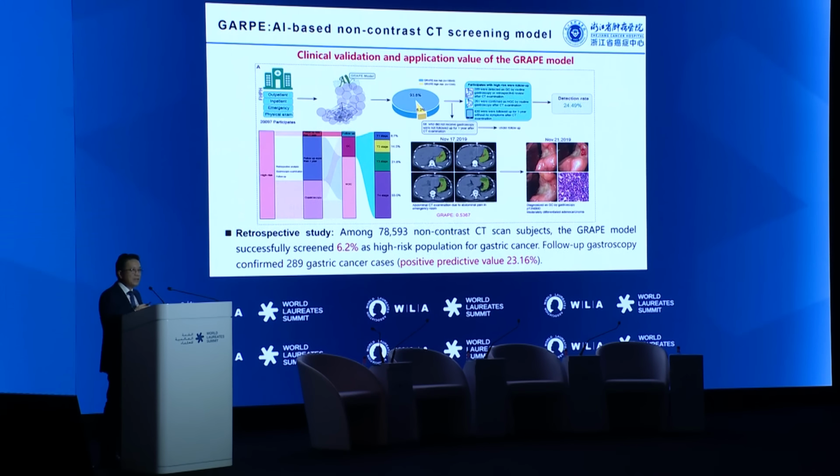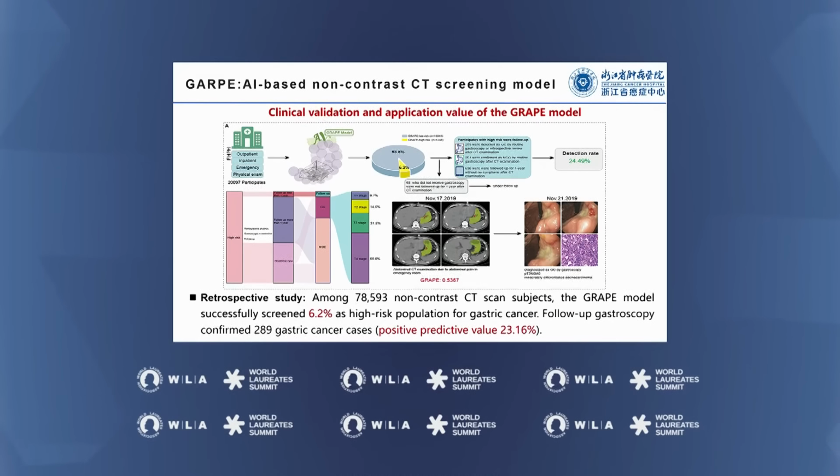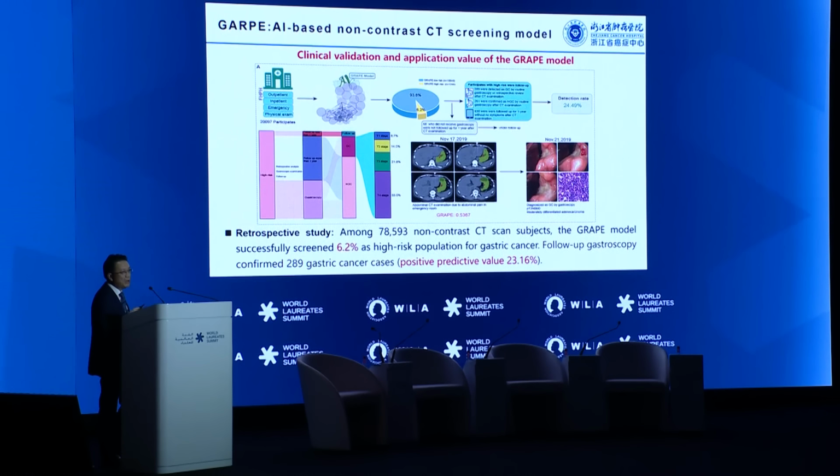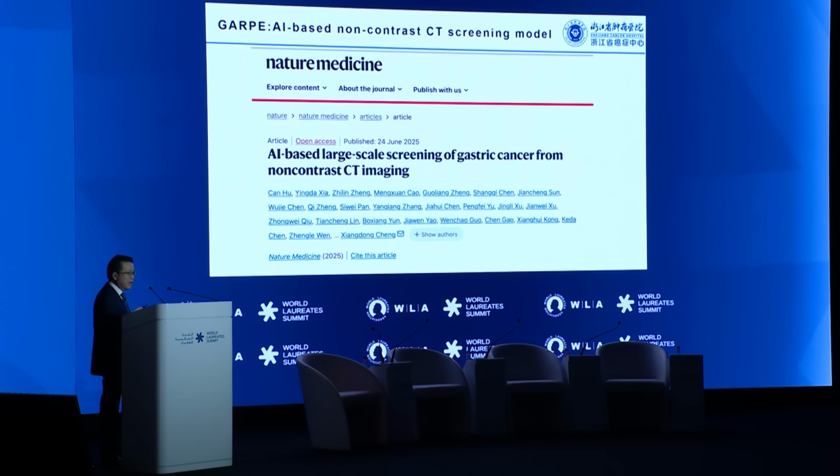Finally, we did a retrospective study among over 78,000 non-contrast CT scan subjects. The GRAB model screened 6.2% as a high-risk population for gastric cancer. Follow-up gastroscopy confirmed 289 gastric cancer cases. This work was published in Nature Medicine last year.